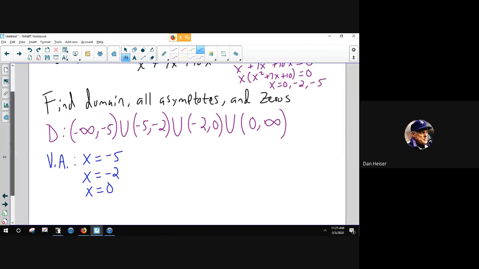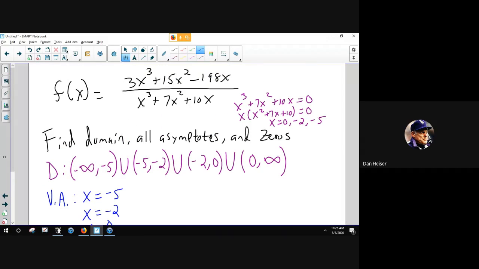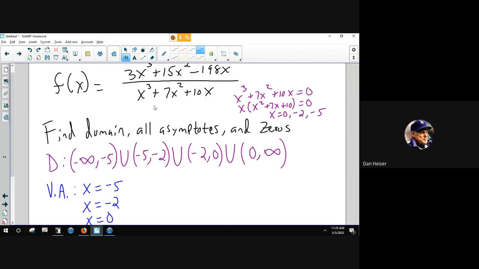We have our domain. We have our vertical asymptotes. Now we check to see if it's horizontal or slant. Degree of the numerator, degree of the denominator are equal. So that means we look at the leading coefficients.